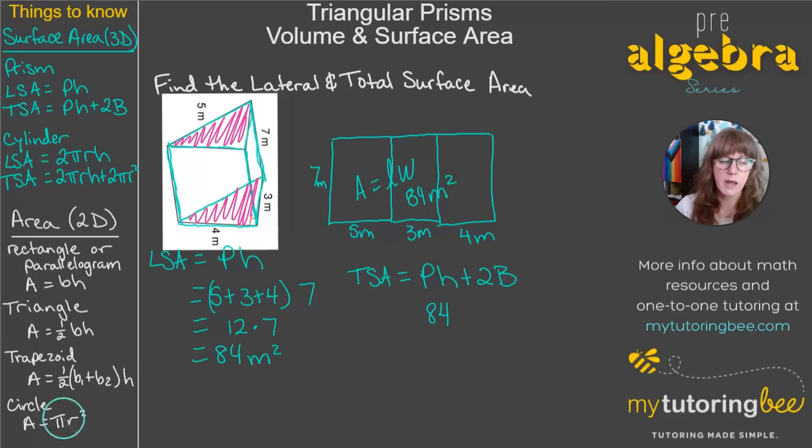So let's look at those 2 bases. I'm going to add them onto my 5 by 7 meter rectangle here. So I'm connecting these triangles here and here to my lateral surface area that I already have. I've got my 5 meters here, and then the legs of these right triangles are 3 meters by 4 meters.